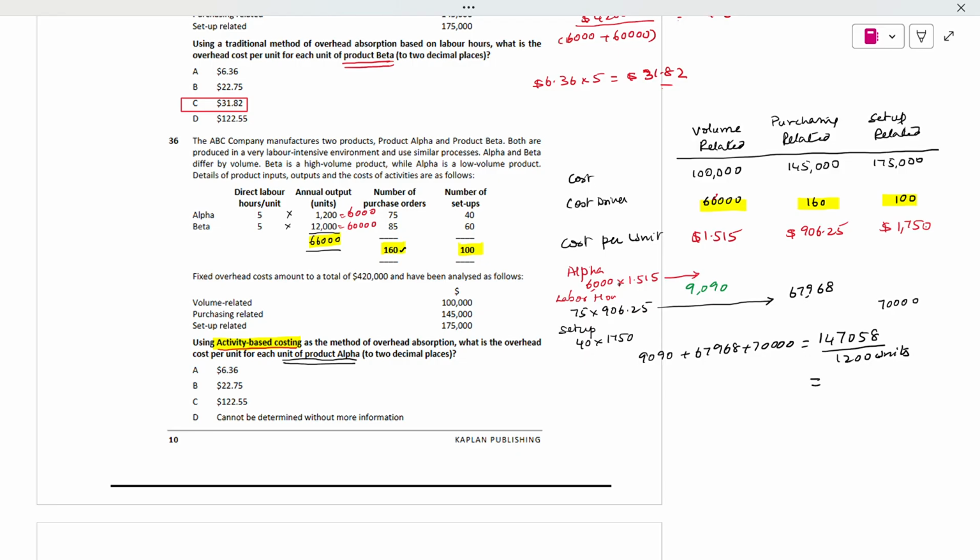Oh shoot, I didn't see. How much annual output? 2.548.